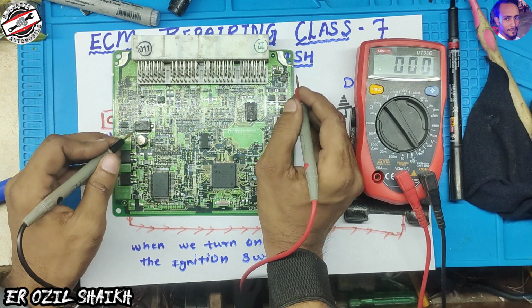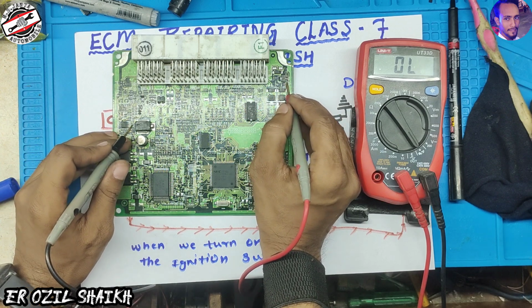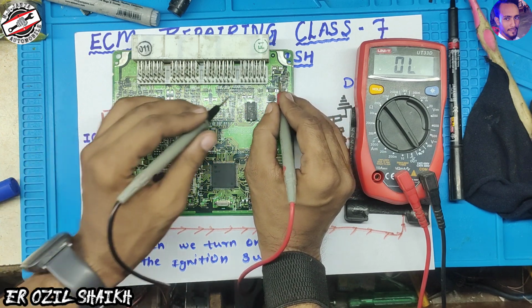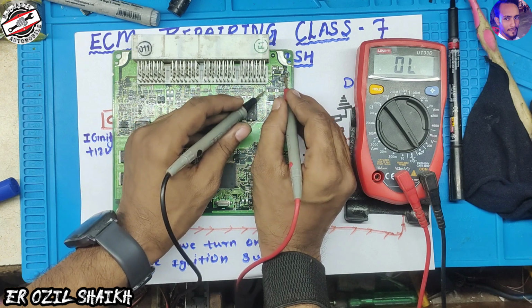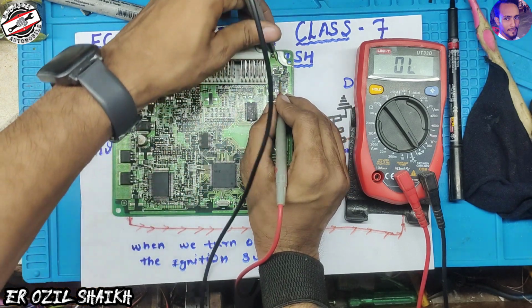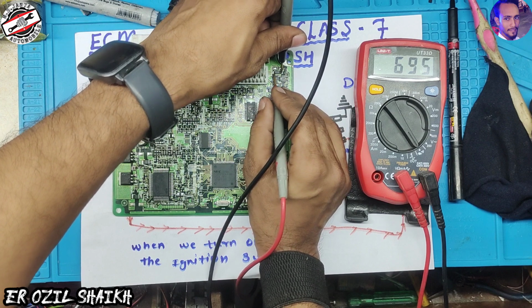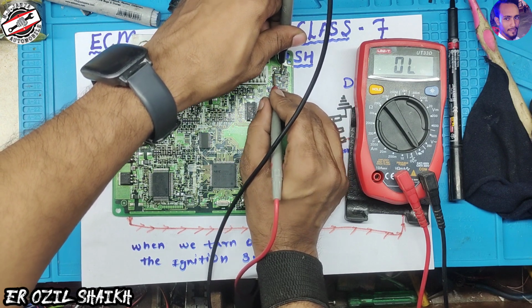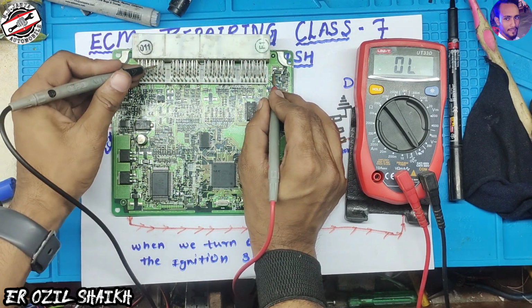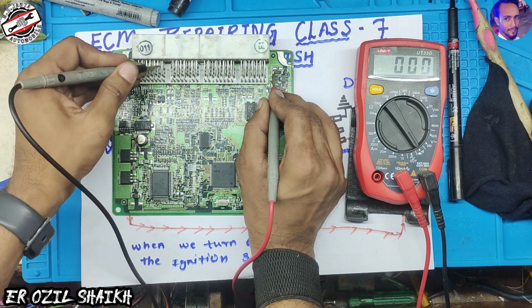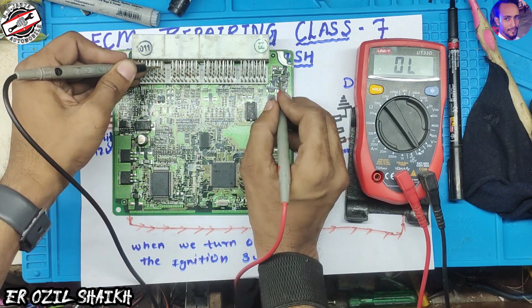So when this pin gets 12 volts, at that time this ground voltage goes through this cathode to anode and pin number 2. This is pin number 2.